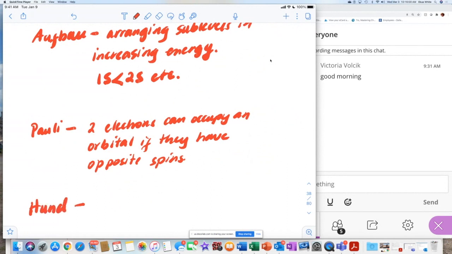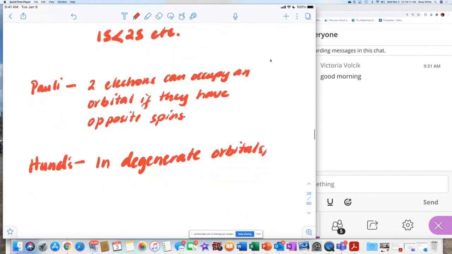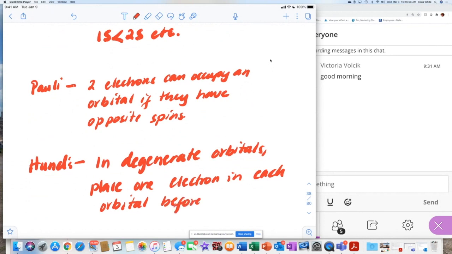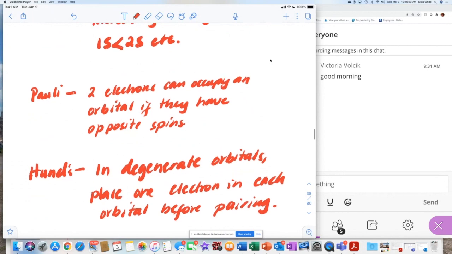Hund's rule says in degenerate orbitals, place 1 electron in each orbital before pairing. Okay, we are following these rules, but we can't just follow them.